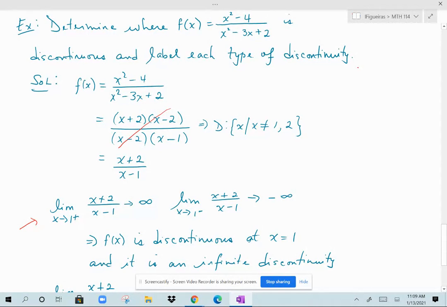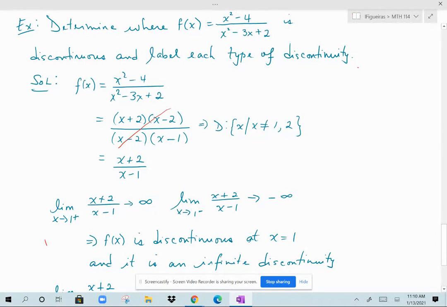So again, imagine plugging in a number close to 1 that's greater than 1, something like 1.0001. And if you plug that in, I'm going to be dividing by a very small positive number, a number very close to 0 that's positive. And when you're dividing by a very small positive number, the whole thing is going to go to infinity. Okay, which already shows that at 1, I have an infinite discontinuity.